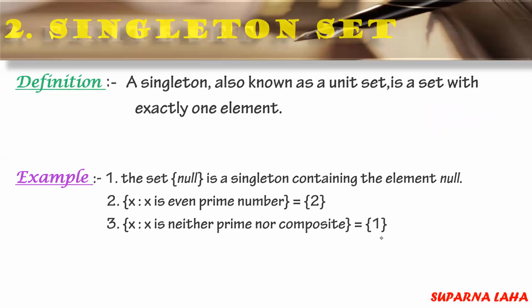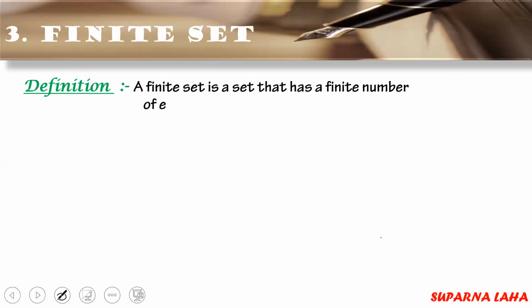Now, finite set. We already talked about no element, then one element, then finite set. That means we can count the elements, that is the number of elements present in the set. So what is the definition? A finite set is a set that has a finite number of elements.